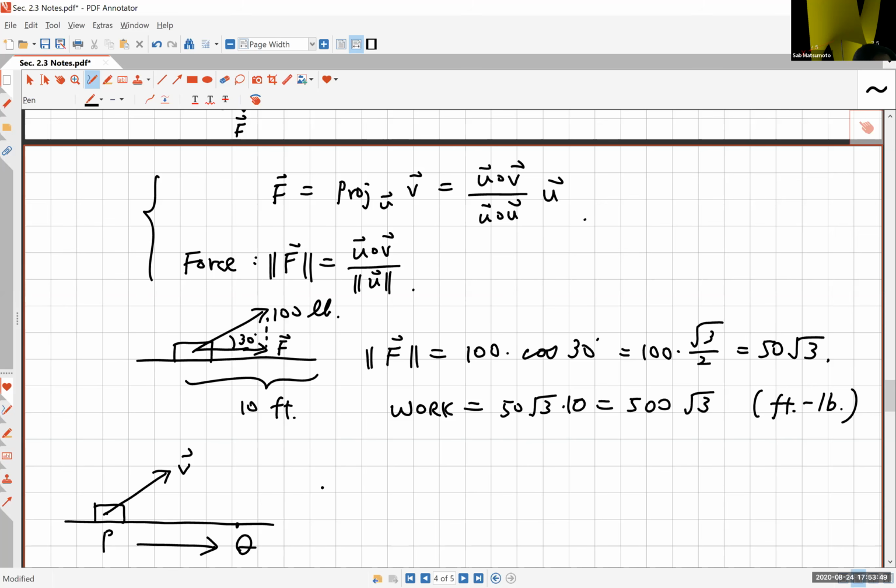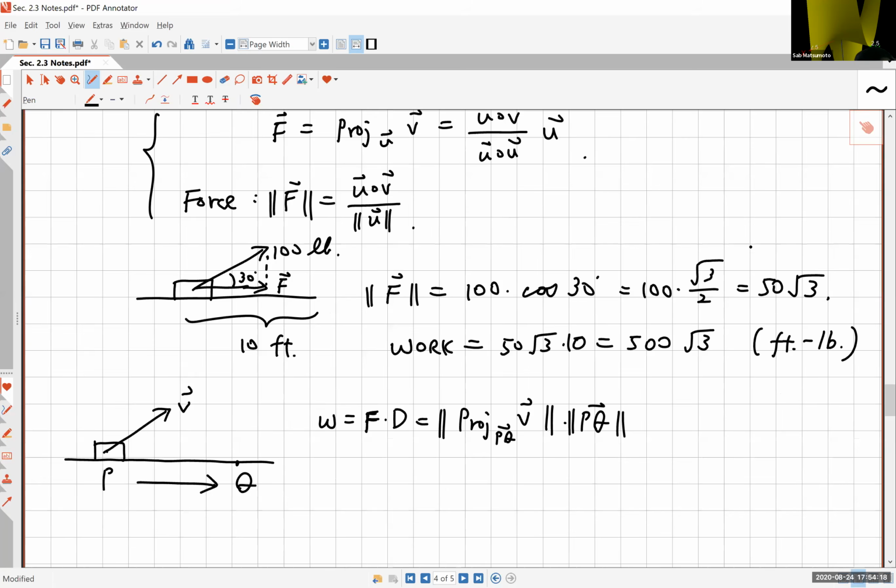So what happens? The work here would be, of course, F times D, the force times the distance. And I said the force is the magnitude of this projection of V in the direction of PQ. That's this scalar F, which is the magnitude of the projection, right? And then, of course, you multiply this by the length of the vector PQ, all right?